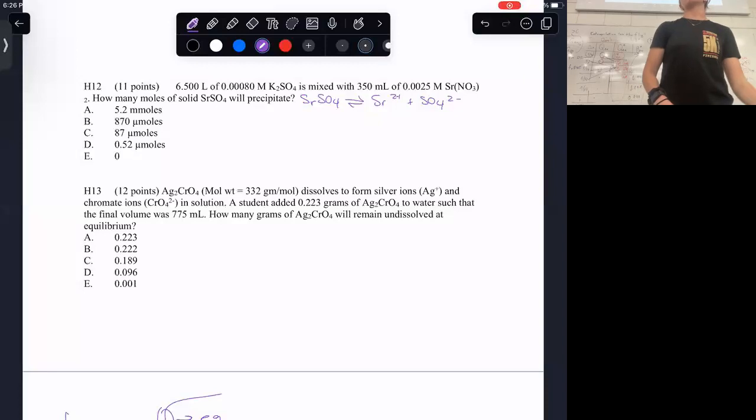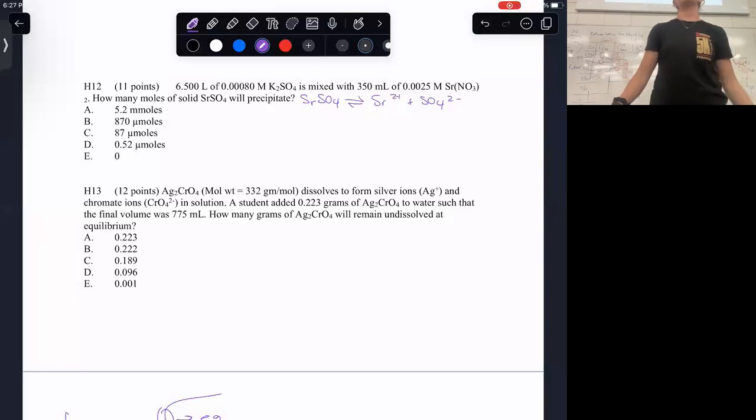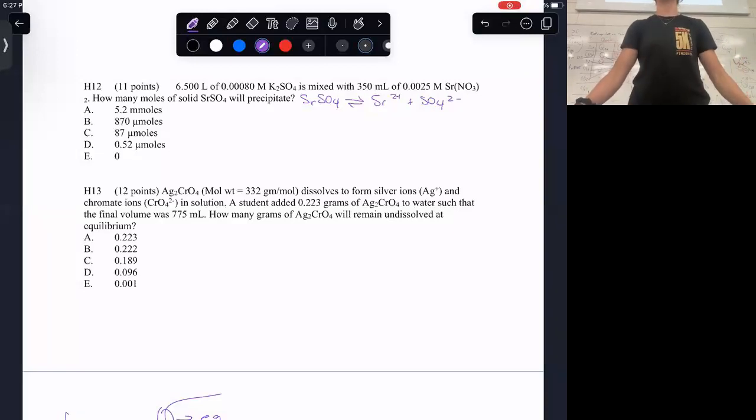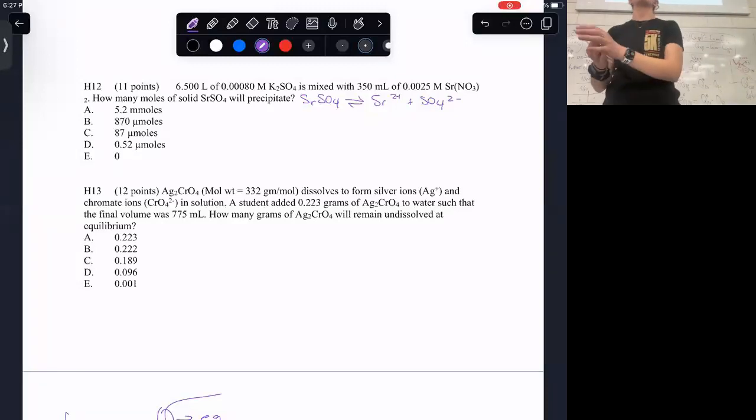Potassium is in column 1, and nitrate will always be soluble. So anything in column 1 and anything that's a nitrate will always dissolve. These will completely dissociate into solution, which means that any concentration of those salts you have will turn into concentration of your ions in solution.